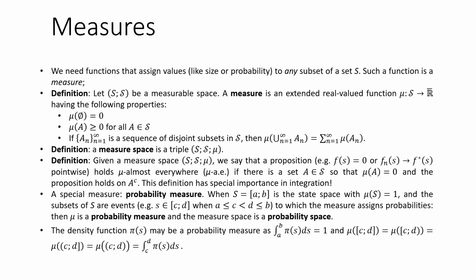So if we have a measure, the measurable space turns into a measure space, which is a triple consisting of the set, its sigma algebra, and the measure which is defined on the sigma algebra. Another important definition: mu almost everywhere.